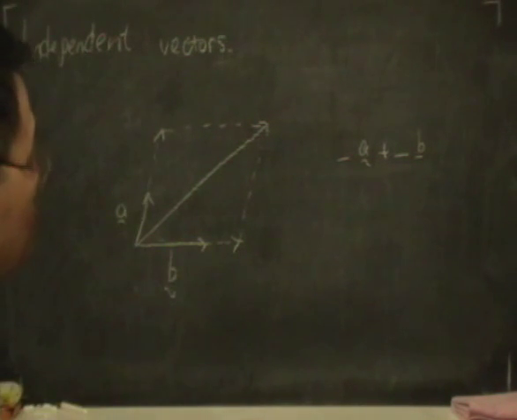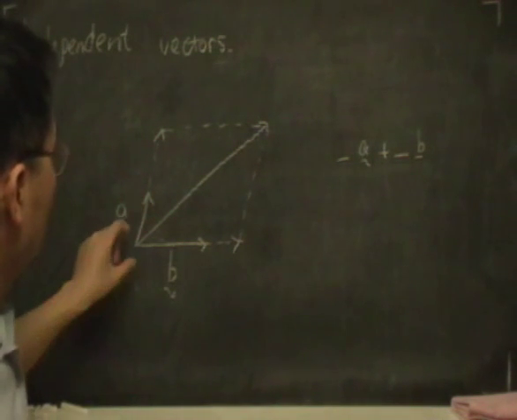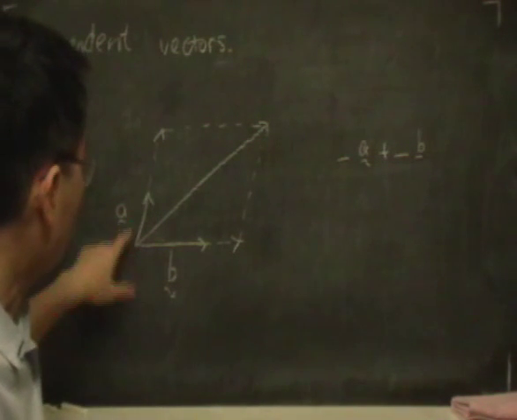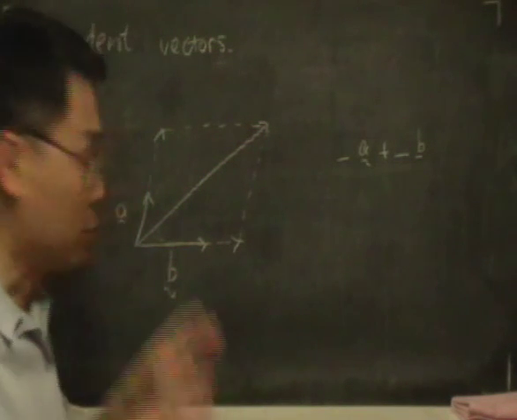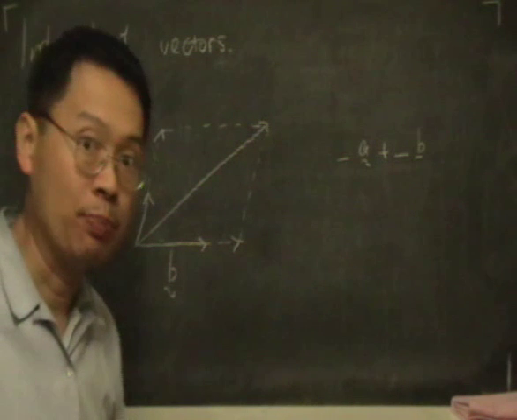And from this picture, you can see that there is only one way that we can do it. Because if you imagine actually doing this drawing yourself, if you're given A, B, and you're given this new vector, there is only one way that you can actually draw this parallelogram.